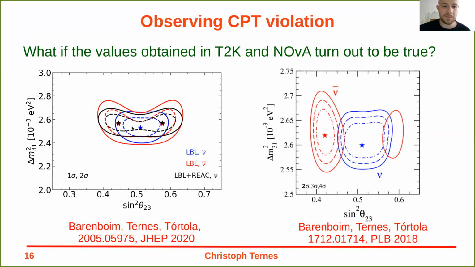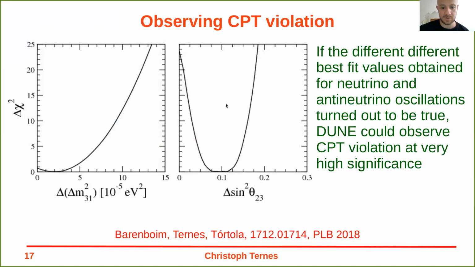So we have used these parameters as an input and created the fake data for DUNE. And you see that only at the 4 sigma level for 2 degrees of freedom, there would be an overlap between the antineutrino and the neutrino region. So the 3 sigma 2 degrees of freedom regions are completely disjoint. If we put this into a 1D profile, we see that the CPT conserving value of 0 would be excluded at close to 5 sigma confidence level.